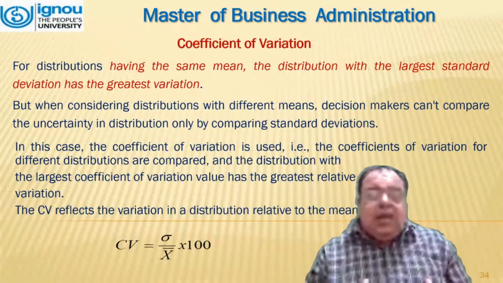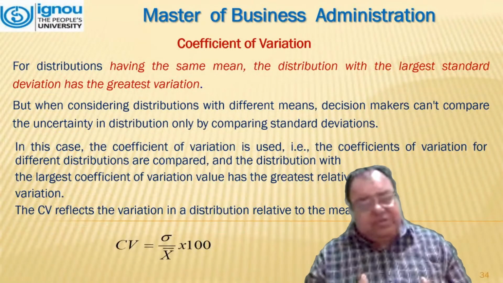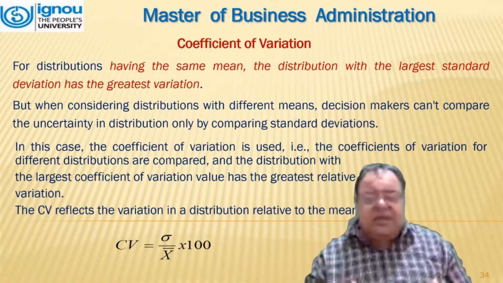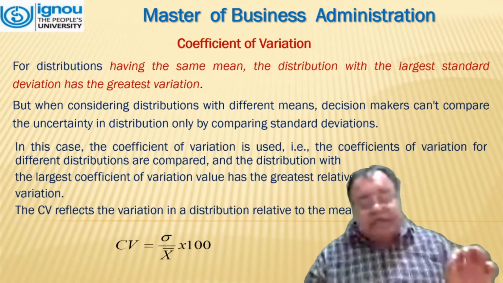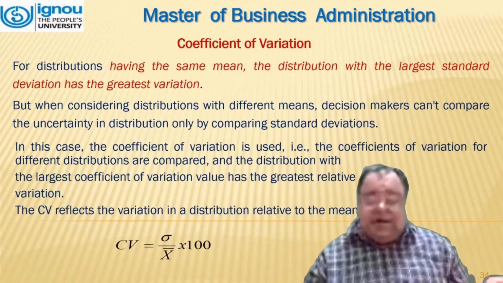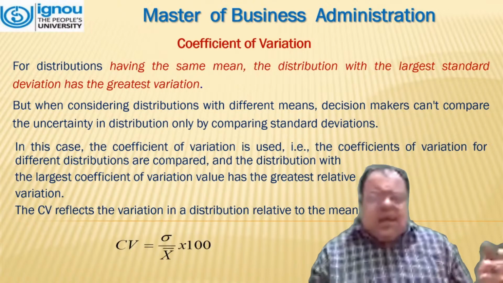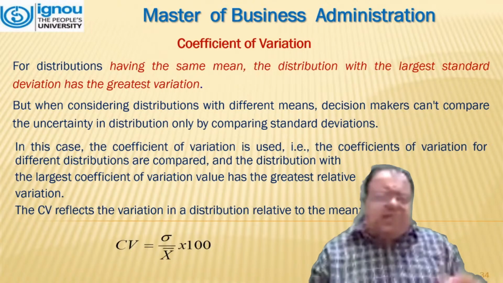Now comes the coefficient of variation. For distributions having the same mean, the distribution with the largest standard deviation has the greatest variation. But when considering distributions with different means, a decision maker can't compare the uncertainty in distributions only by comparing the standard deviation.